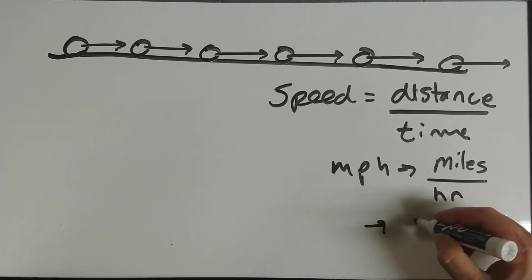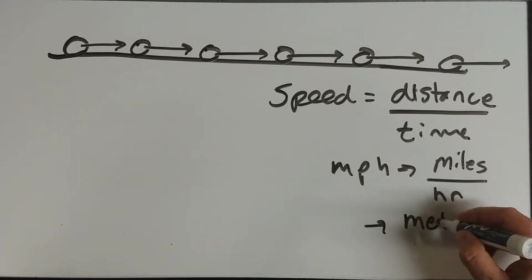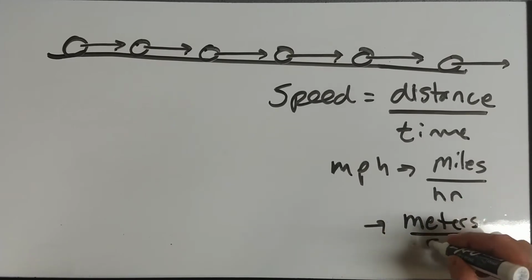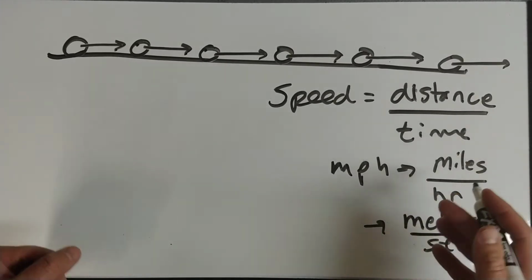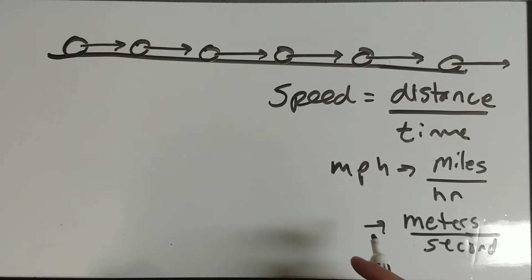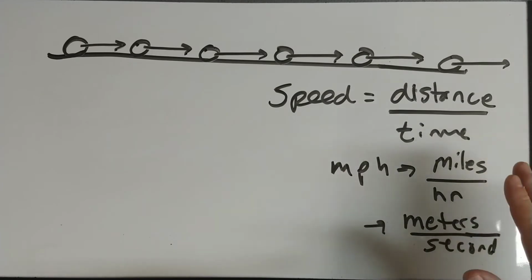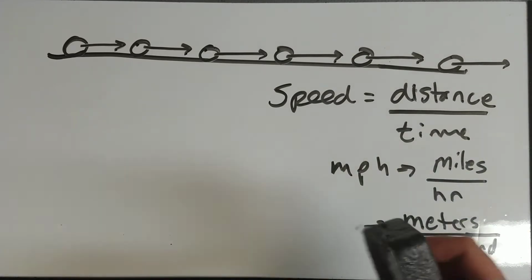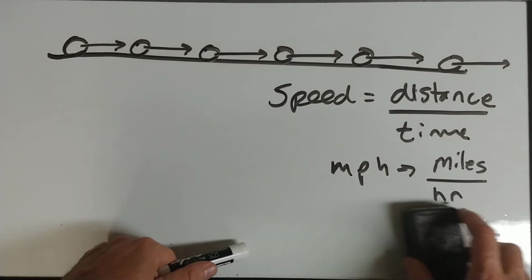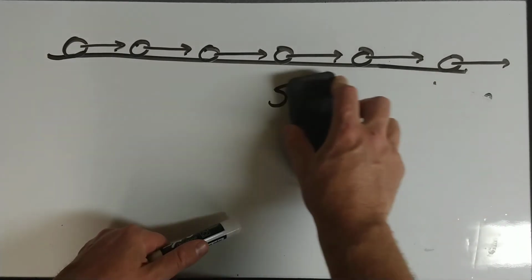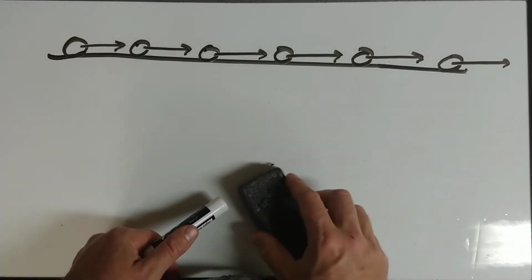Typically, we actually use meters per second. All right, I'll show you in class how big a meter is. So meters per second is typically what we would use in class. I got the little glare down here, so I apologize for that. There's another term in physics called velocity, and we will introduce that once we do our first lab.